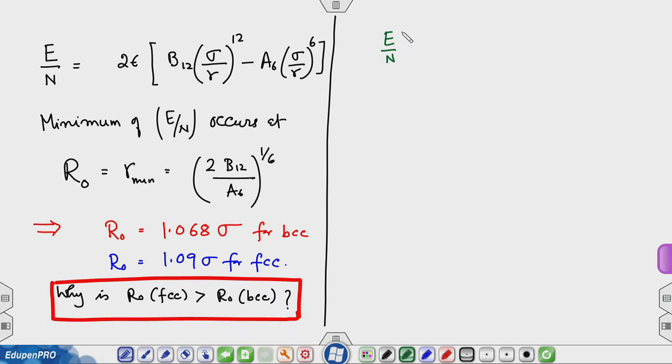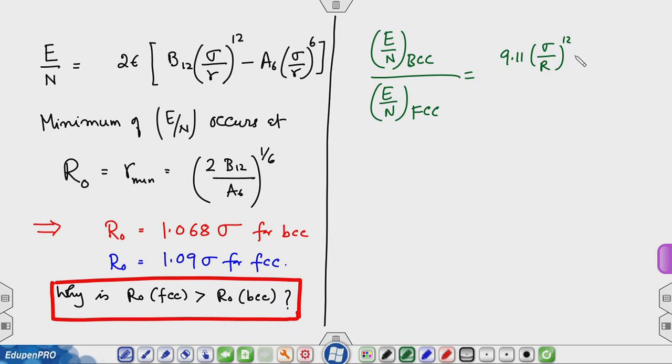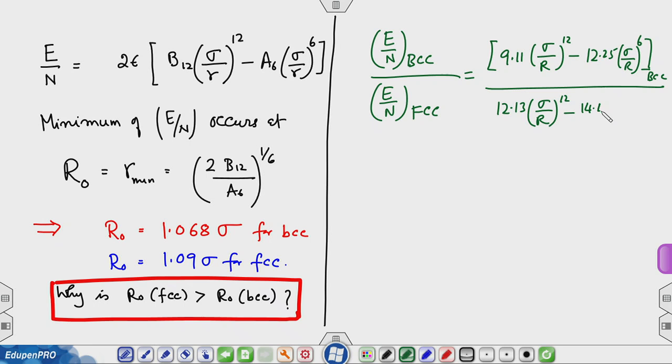E by n for BCC divided by E by n for FCC comes out to be 9.11 (sigma over r) raised to 12 minus 12.25 (sigma over r) raised to 6, and this is for BCC, divided by 12.13 (sigma over r) raised to 12 minus 14.45 (sigma over r) raised to 6, and this is calculated for FCC.